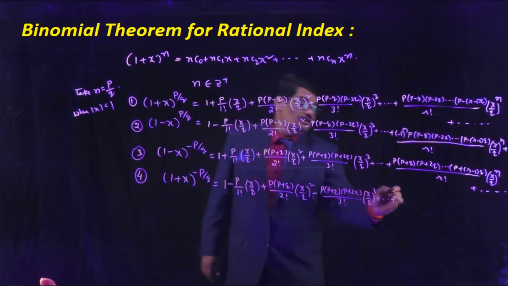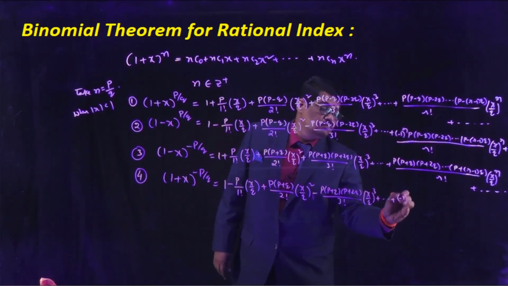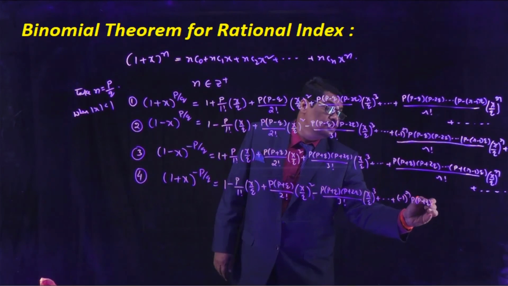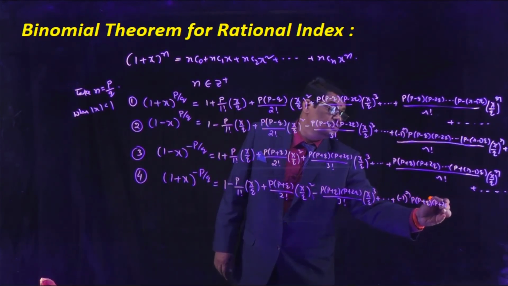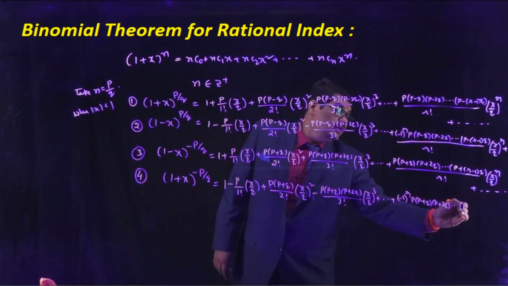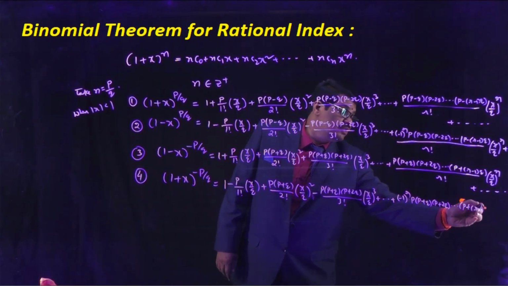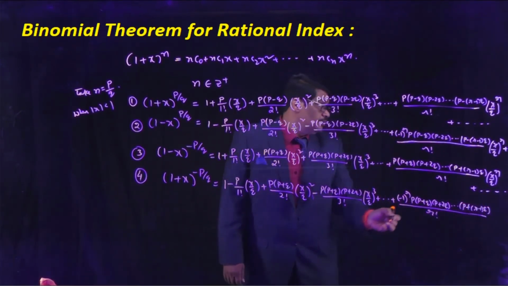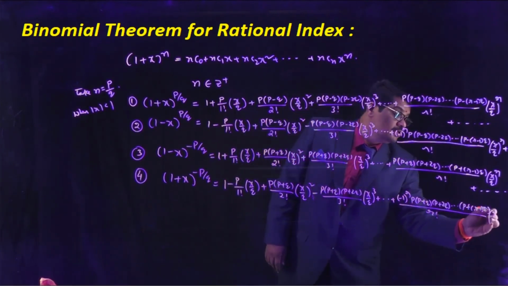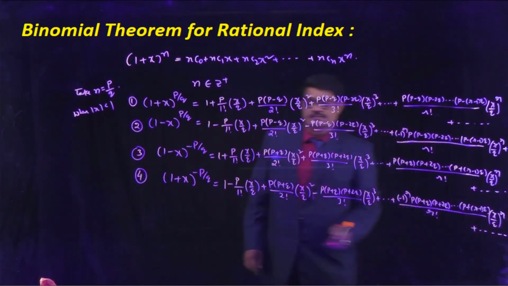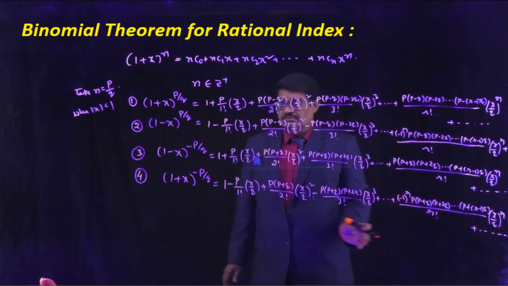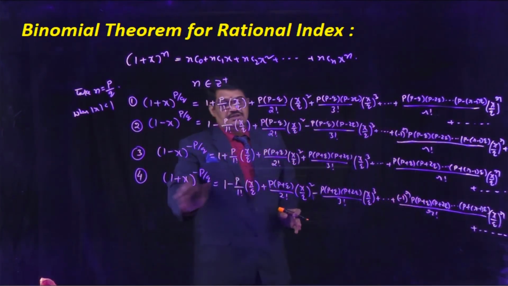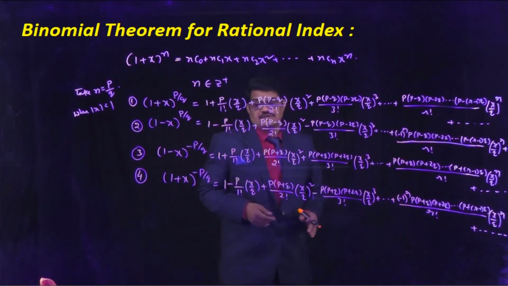So the general term here is (−1)^r into p(p+q)(p+2q) and so on up to (p+(r−1)q) by r factorial into (x/q)^r, and so on. This is the general term for the expansion of (1+x)^(−p/q).